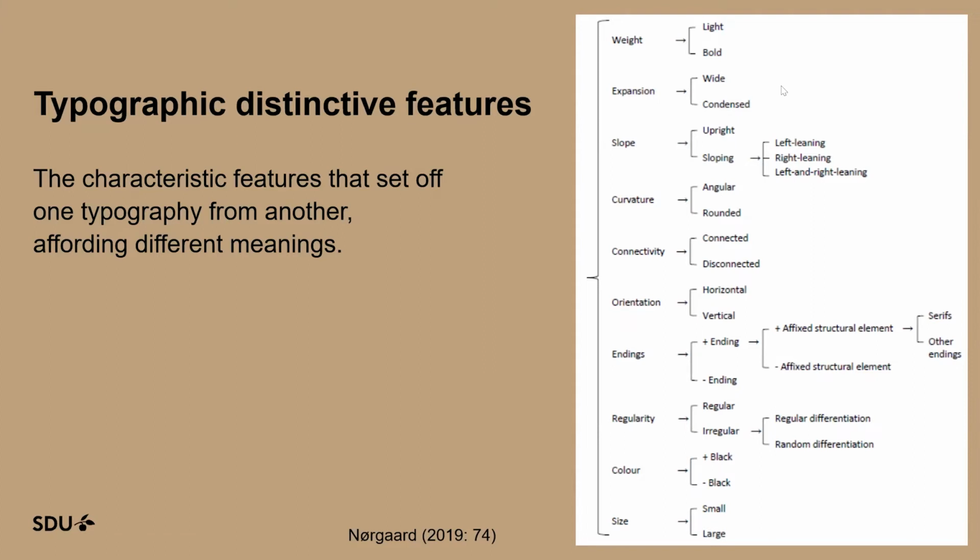In terms of curvature, it can be angular or rounded. In terms of connectivity, it can be connected or disconnected. It can be oriented horizontally or vertically. We can describe a typography in terms of its endings, in terms of its regularity. Is it regular? Is it irregular? And if irregular, is that irregularity regular or irregular? And I have also added color and size.